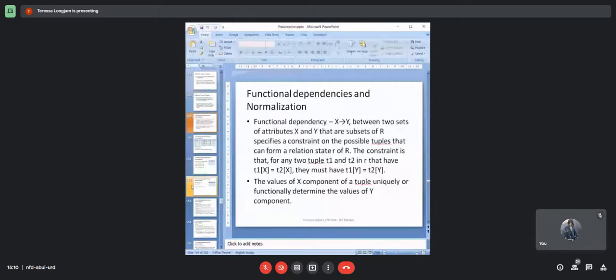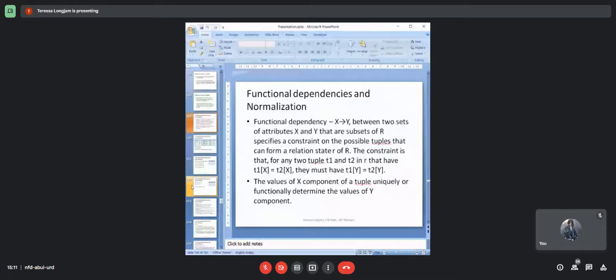But if the department information and the employee information are stored in a single table, that is going to be a wrong design. Okay, if the information about the department and the information about the employee are combined in a single table, then that is not a good design.